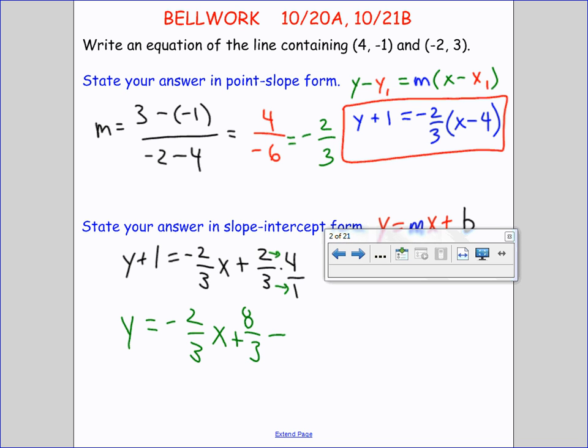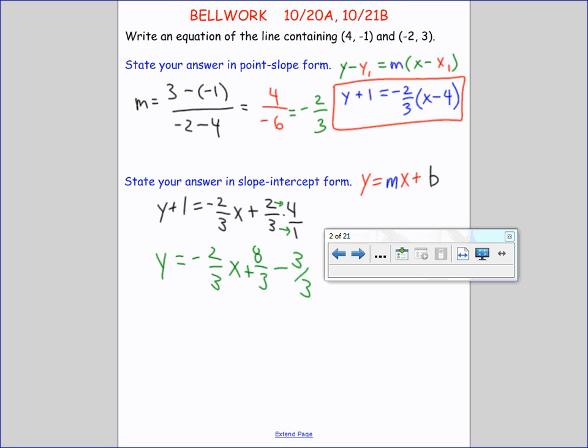So how many thirds is 1? 3/3. So I'm subtracting 3/3 from that. And I get y equals negative 2/3 x plus 8/3 minus 3/3, which is going to be plus 5/3. So my final answer looks like y equals negative 2/3 x plus 5/3.